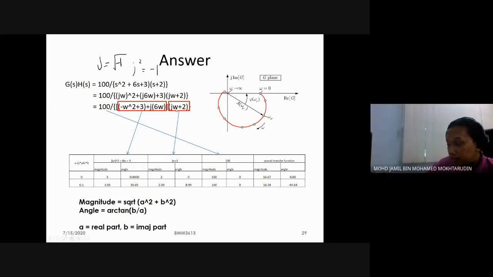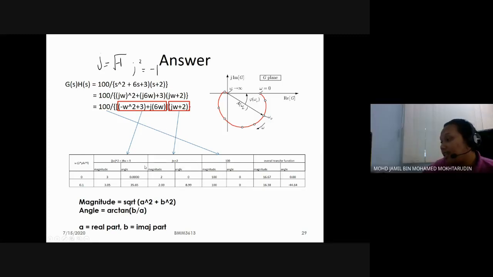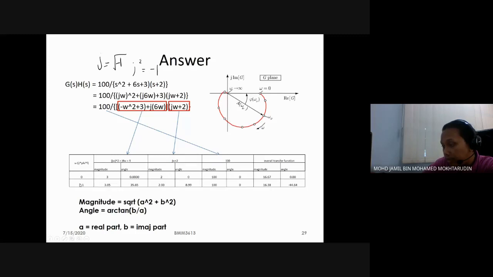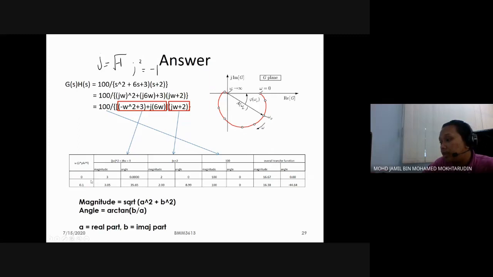Betul. Yang tu table tu memang disediakan ke? Tak, table ni kena buat sendirilah. Table ni selalunya dia akan bagi the value of omega, okay? Macam soalan yang example ni, omega tak diberikan.